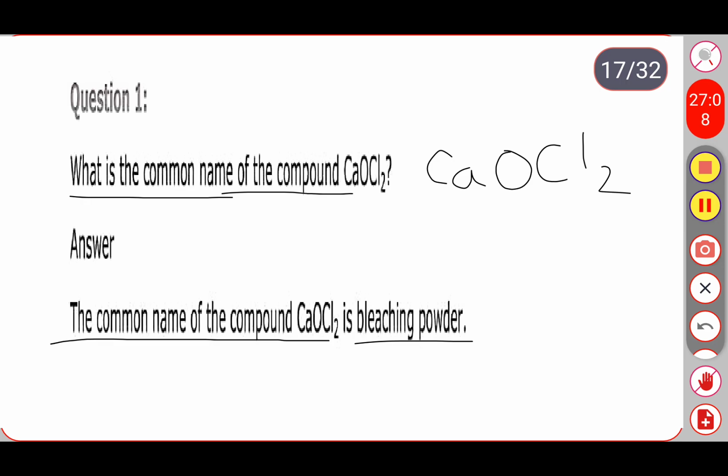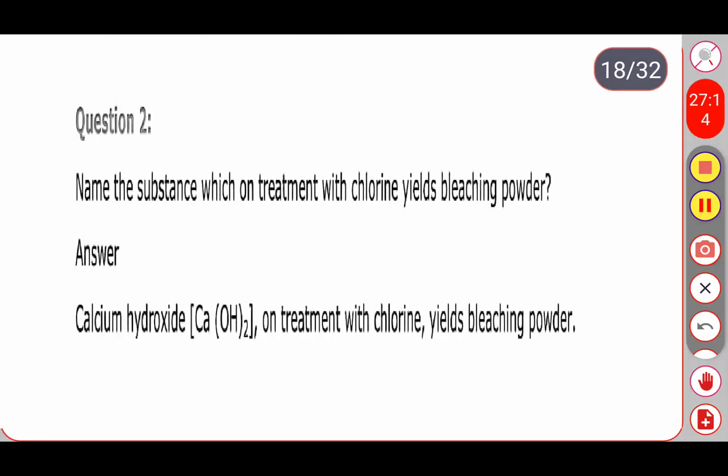Name the substance which on treatment with chlorine yields bleaching powder. Calcium hydroxide on treating with chlorine yields bleaching powder. So let's see the next question.